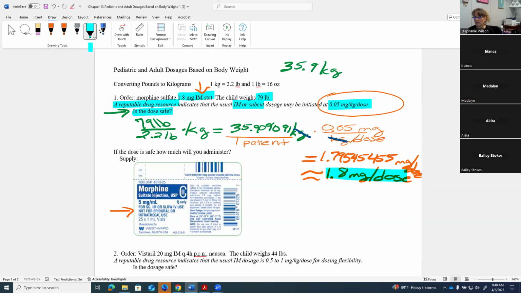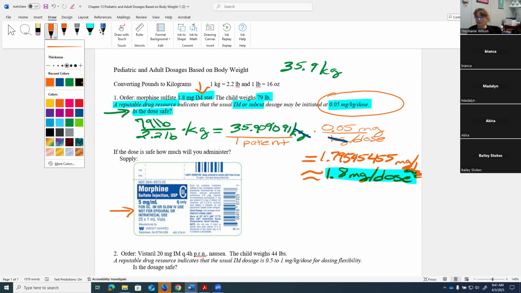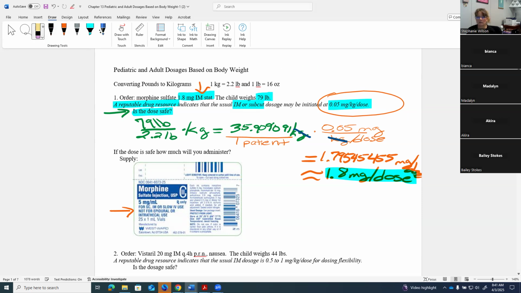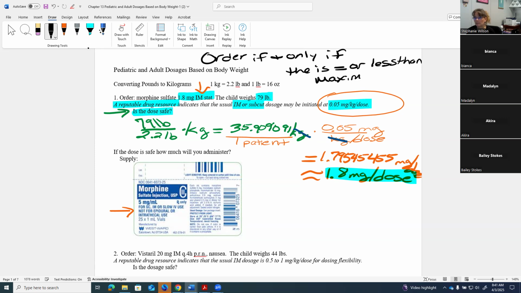So now let's determine if this order is safe. The order is safe if and only if the order is equal to or less than the maximum recommendation.